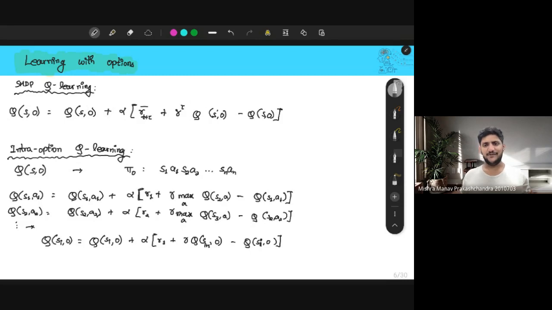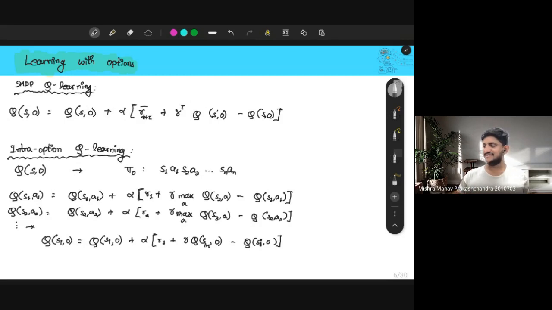Typically for intra-option Q-learning, the micro actions are always updated in an off-policy fashion. But when it comes to the state-option update, there we remove the max part, because we don't want to keep a history of all the updates that we have done so far. It's just a simple Bellman update that we are doing.